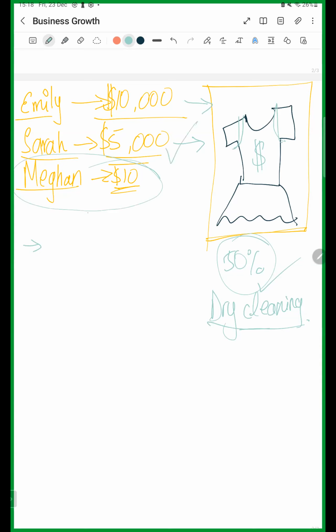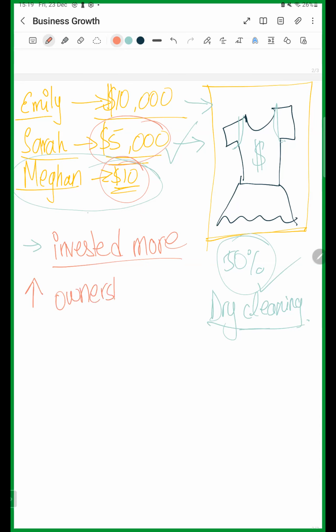Why do you think that is? Because Sarah invested more. Exactly. She invested more, so she has a higher ownership in your dress.